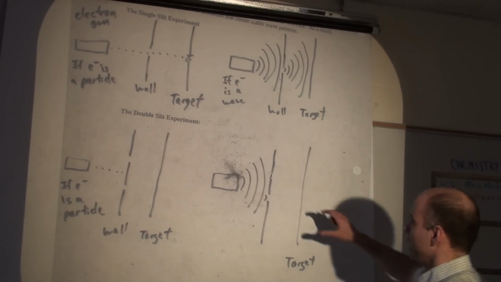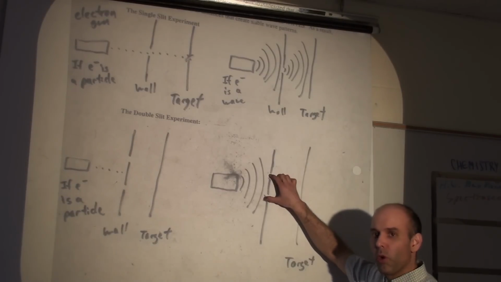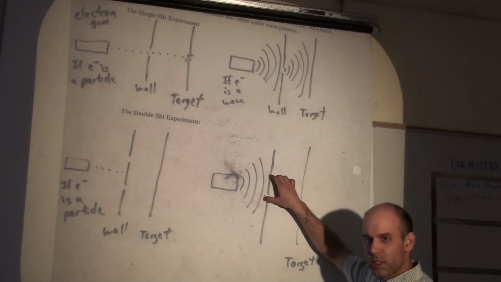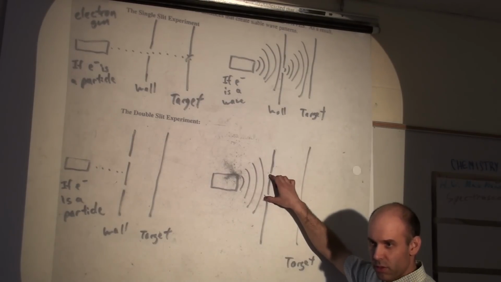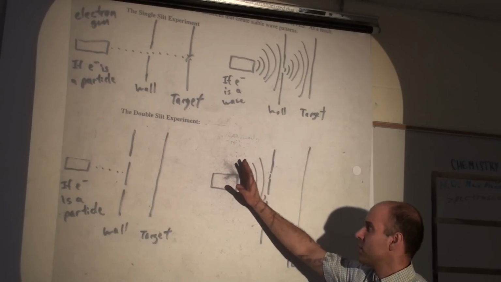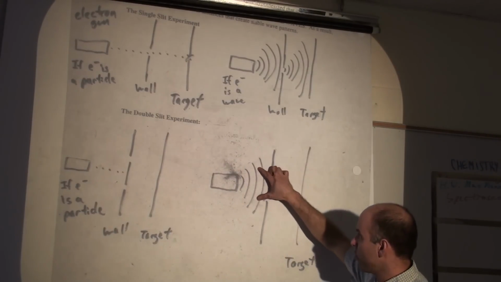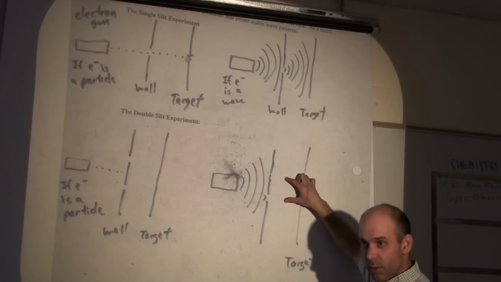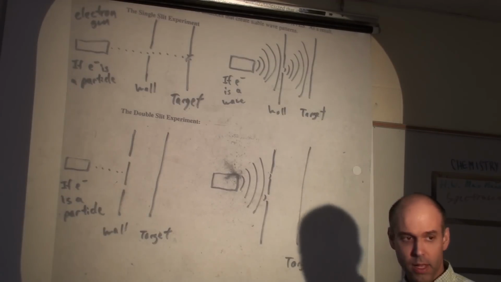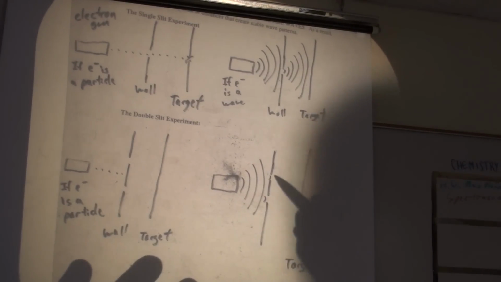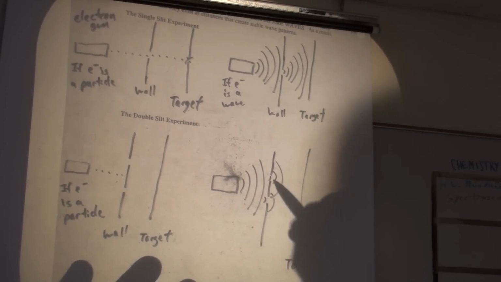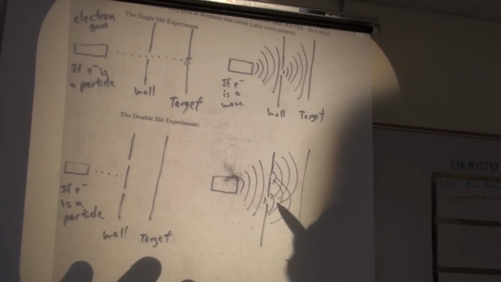And not only will they go through both openings, they'll go through both openings simultaneously. I'll come back to this in a second to really make you confused, Alexa. The wave is going out, and it will go through both holes simultaneously, okay? And then on the other side, they'll spread out and they'll interfere.